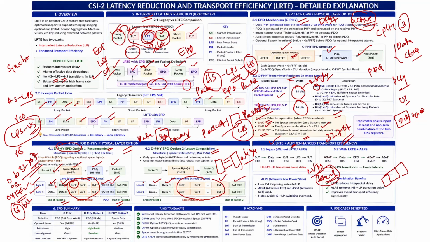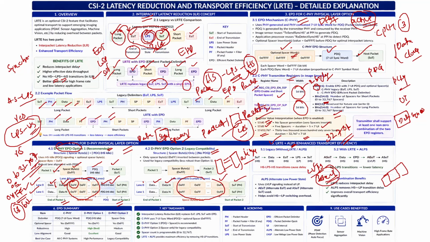These alternative low power states will reduce the latency and power. Lower latency means delay will be reduced, and power consumption is also reduced. Whatever interface you are using will be kept in active state only.